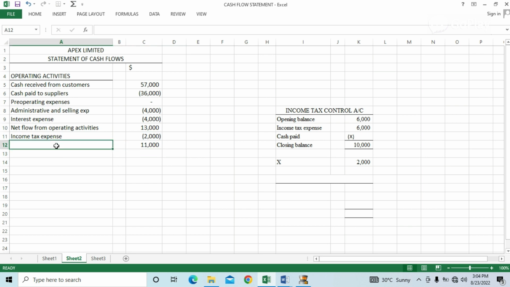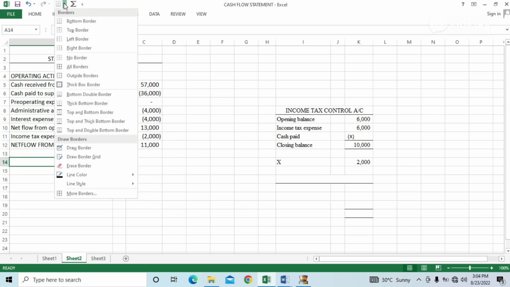So I'll just put it in caps: net flow from operating. You can decide not to write anything over here, but to distinguish it, let me use the border to underline it carefully before we move on to the financing.